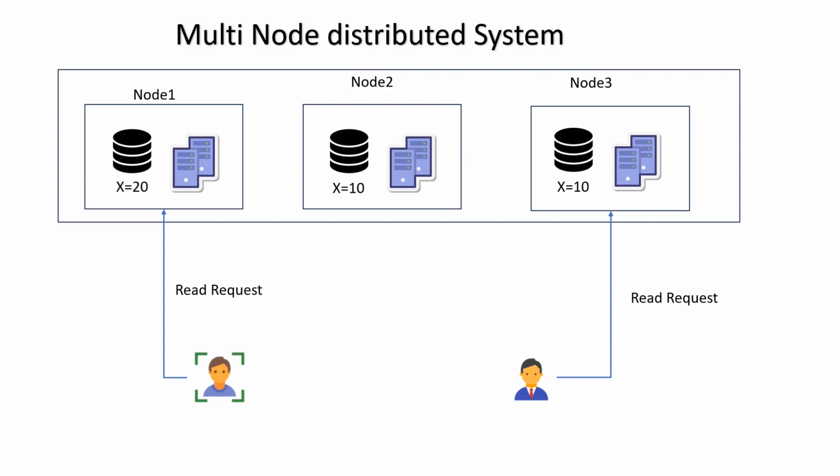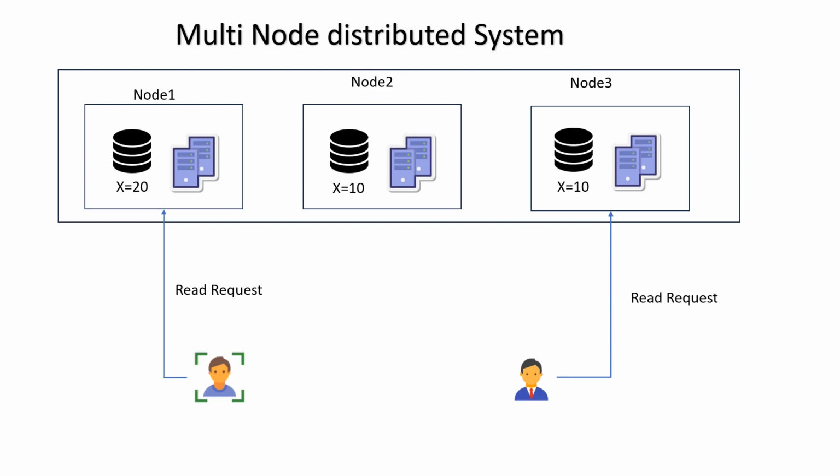Suppose there are more read requests landing at node 2 and node 3. The problem is that node 2 and node 3 don't know that a change happened at node 1 for this variable, so they will send back the old values.